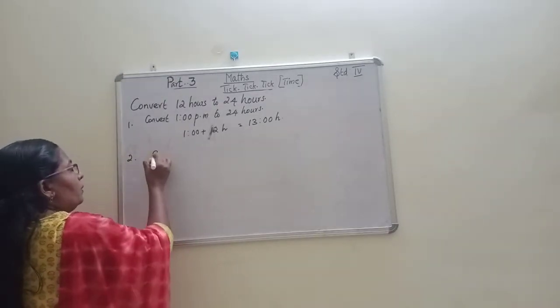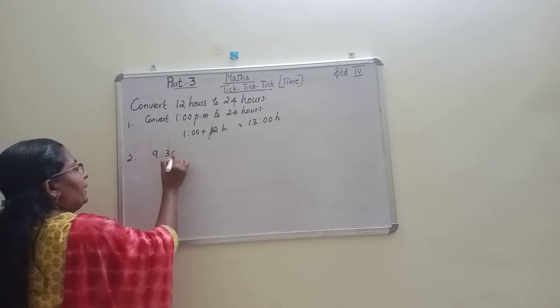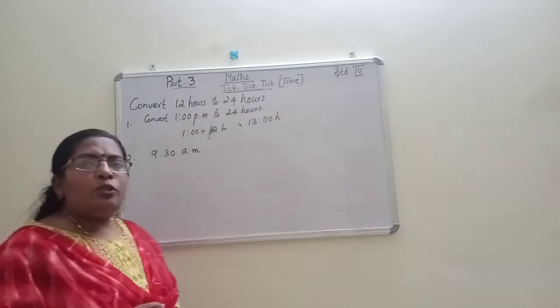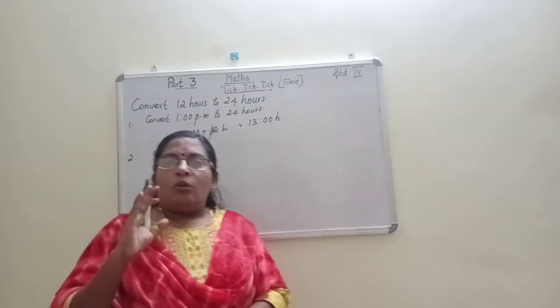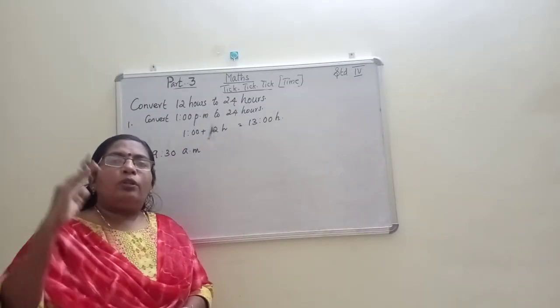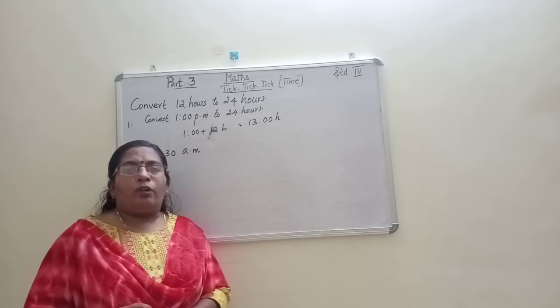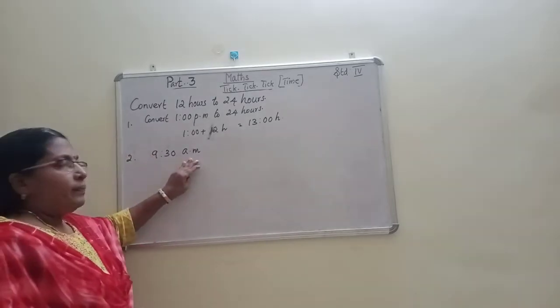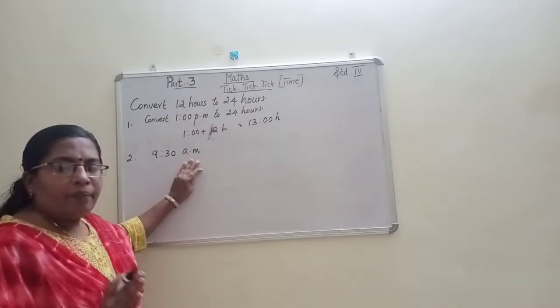Then sometimes they will give 9:30 AM, which is in the 12-hour clock. Then we want to convert it into the 24-hour clock. This is AM, 9:30 AM.